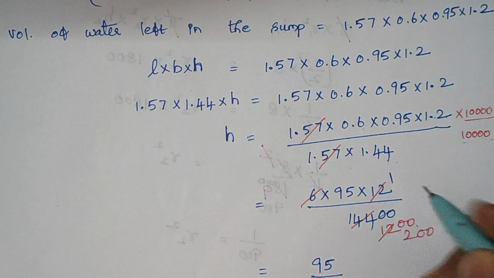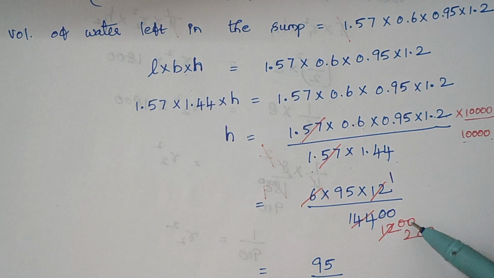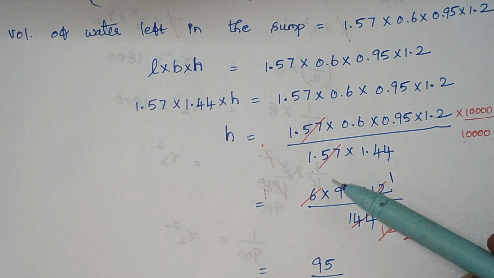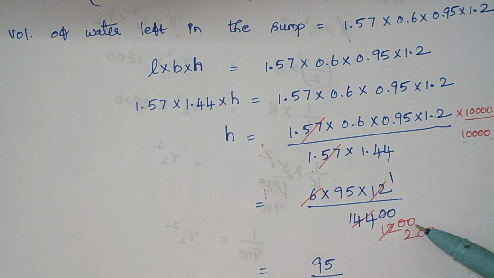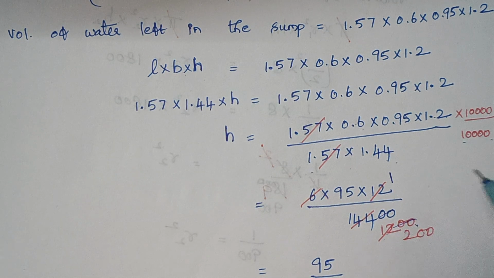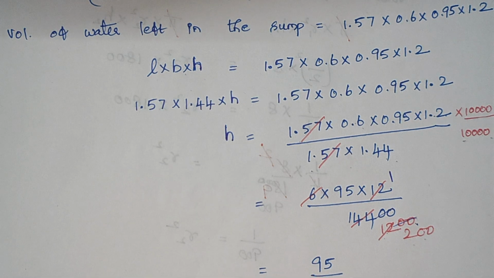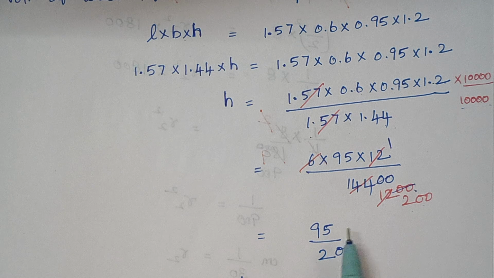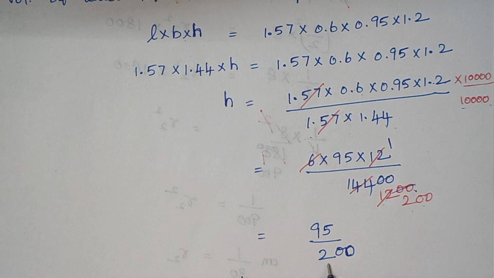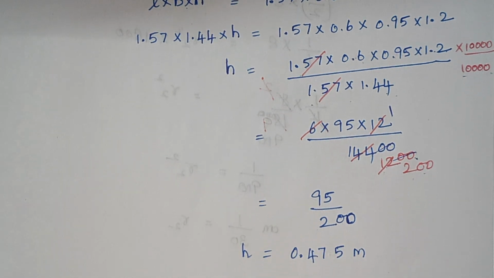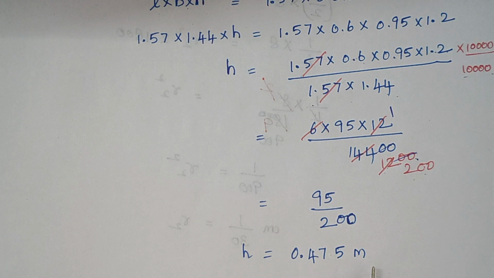So here it is 1 time, here it is 12 times, and these two zeros here. And again I am cancelling this 6 and 1200, it becomes 200. Therefore H is 95 by 200, and once you simplify, we end up with the answer as 0.475 meter.